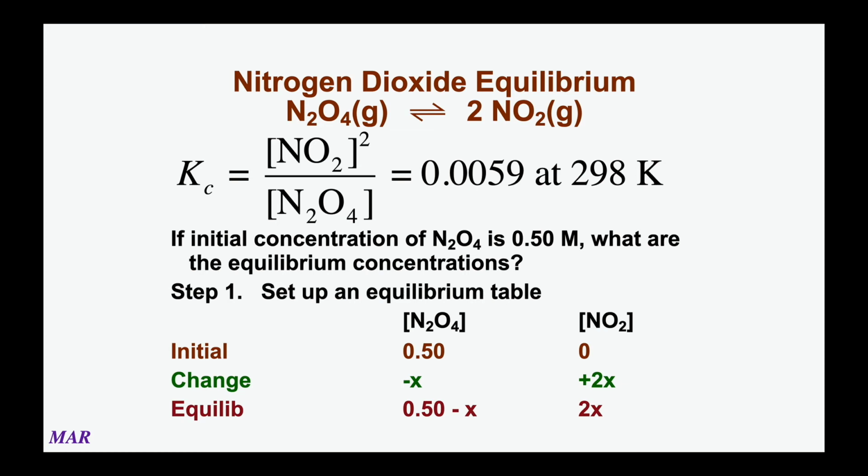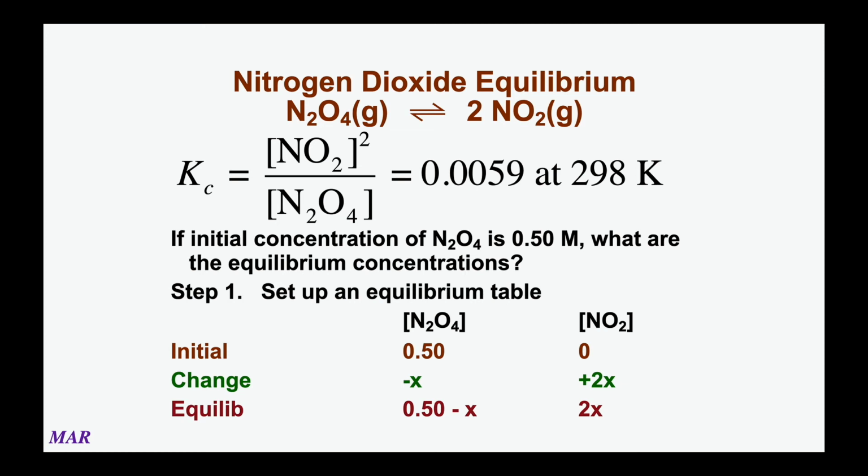So you wouldn't put 0 for NO2 and then minus 2x. That doesn't make any sense in chemistry. No negative concentrations. You have to have positive reactant and product concentrations for all equilibria. But anyway, in this problem, at equilibrium, 0.5 minus x for N2O4 and 2x for NO2.